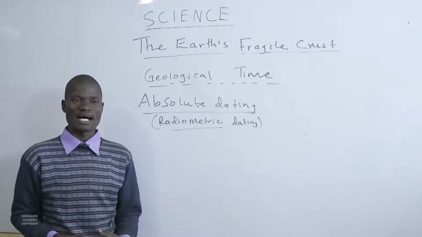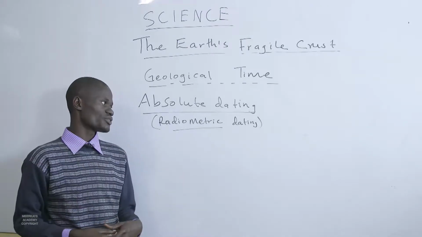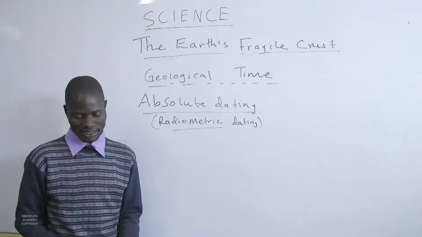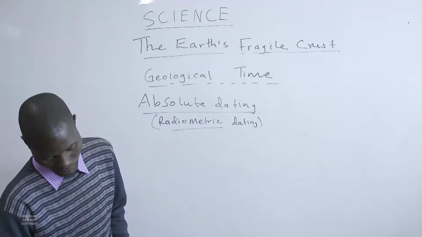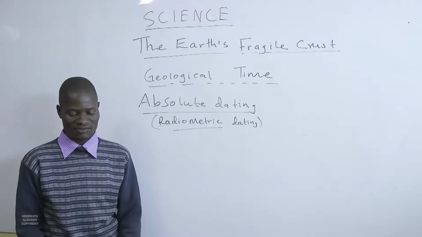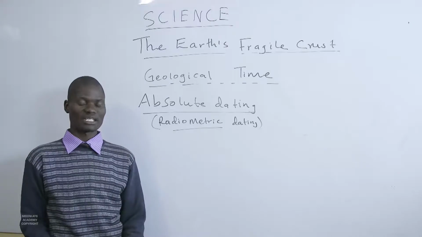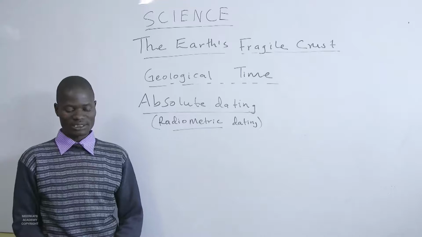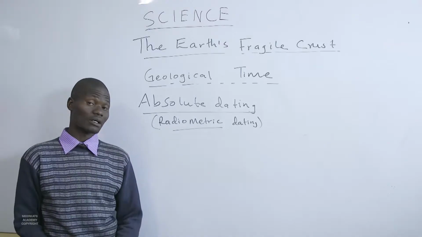This one will prepare us to look at radioactive elements and radioactivity in our science lesson. But now, absolute dating uses radioactive minerals that occur especially in rocks and also fossils, almost like a geological clock.